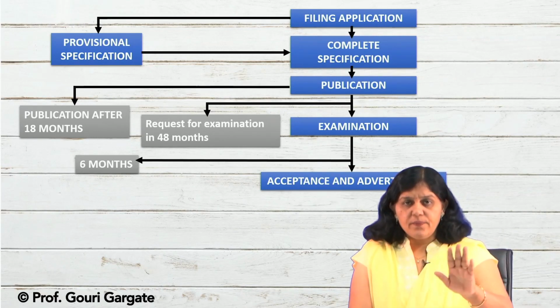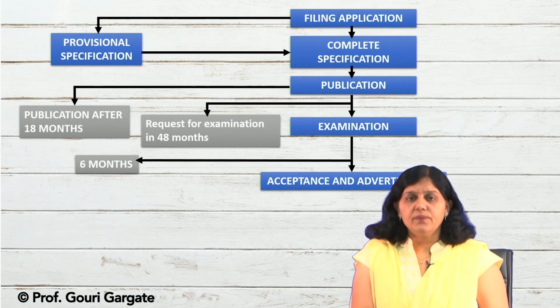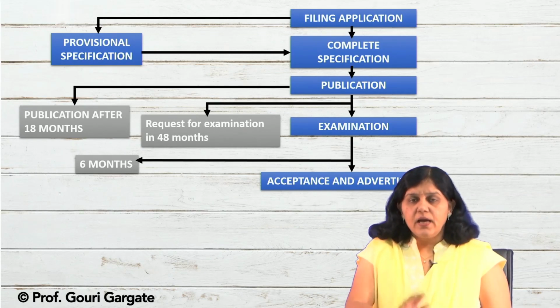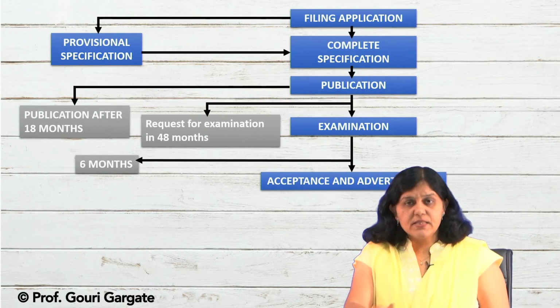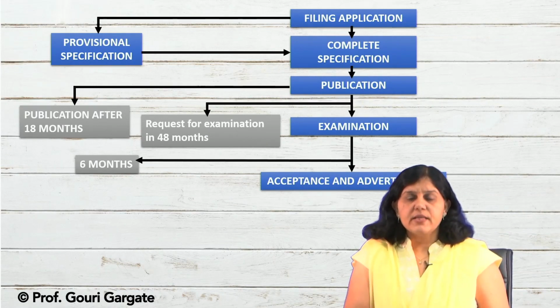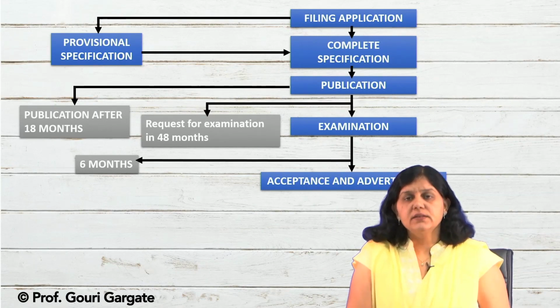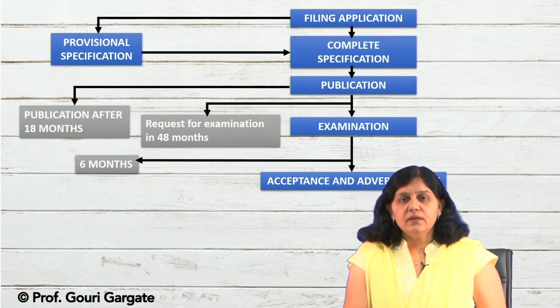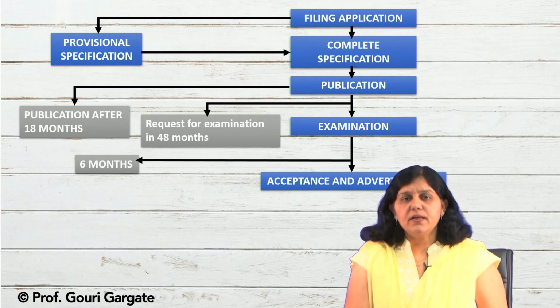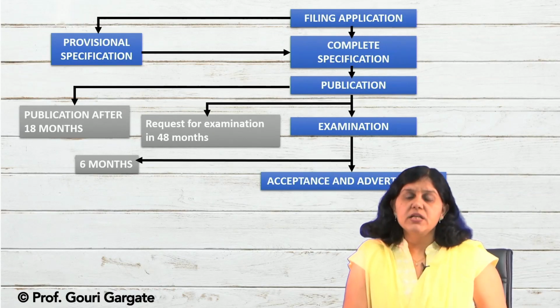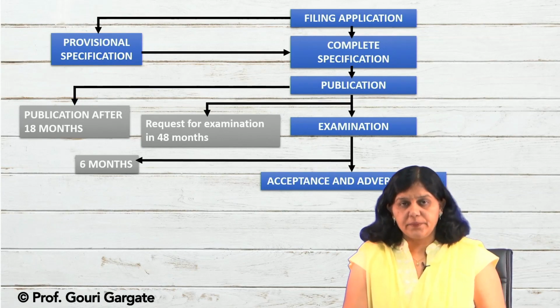The examiner will say that okay, these 3 claims you are able to clear, these 3 claims are fine, but these 7 claims are not as per the act, the rules and guidelines. So, here only 3 claims will be accepted and the remaining 7 will be rejected. That is the partial acceptance of the patent.